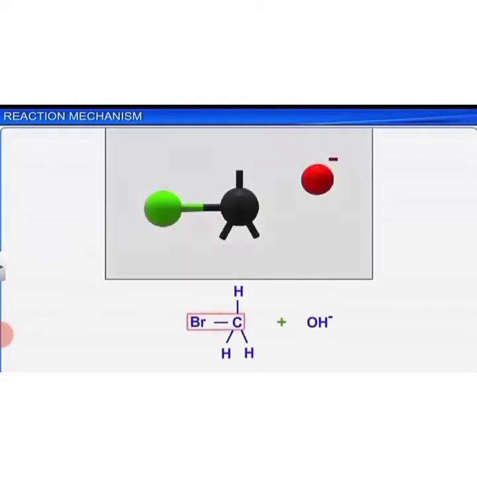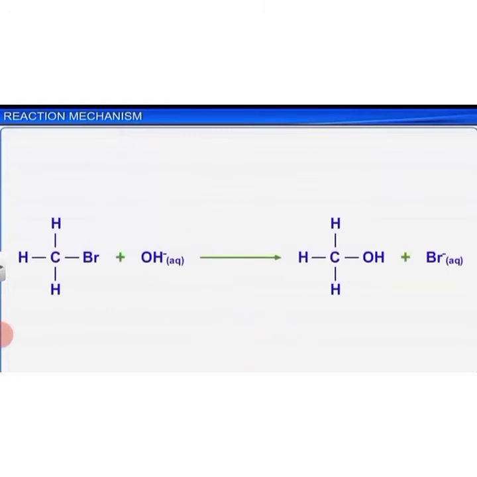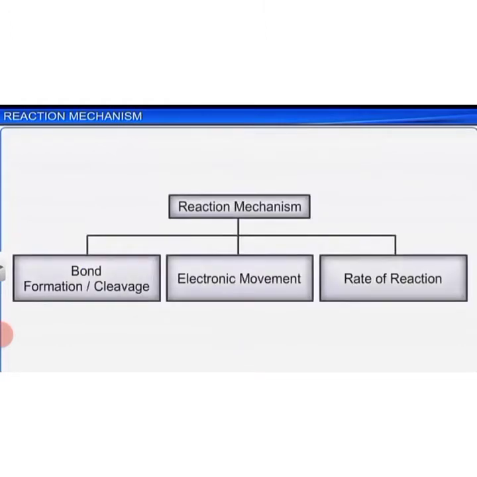The covalent bond between carbon and bromine of methyl bromide gets cleaved, and a new bond between carbon and hydroxide ion is formed. The energetics during breaking and forming of bonds, movement of electrons, and the rate of reaction in a sequential description are referred to as the reaction mechanism.